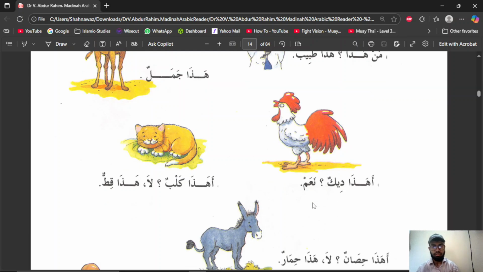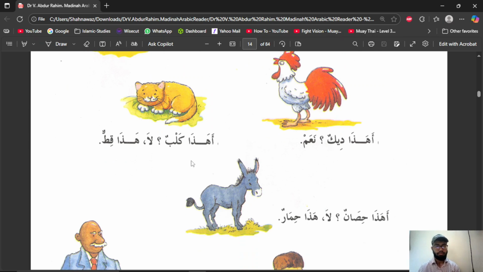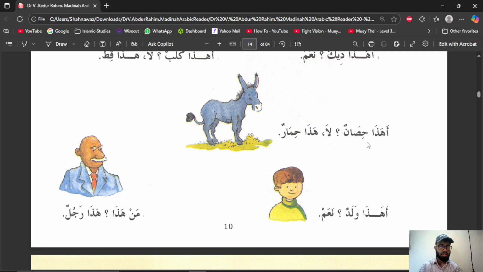Na'am means yes. Ahada kalbun? We say la. This is not a dog, this is a kittun, this is a cat. La hada kittun. Ahada hisanun. Is this a horse? So this is not a horse, this looks like a donkey. So we say la hada himarun. Himarun means donkey.